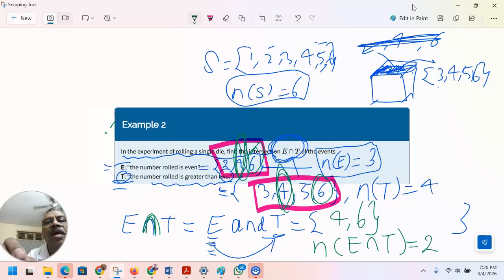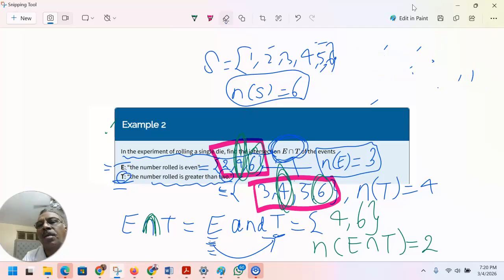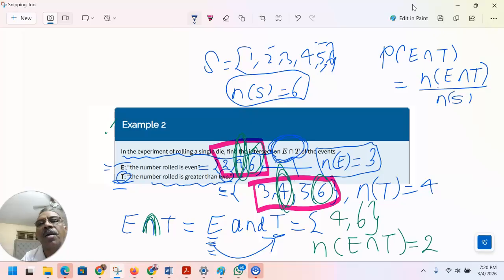Besides this, we can also find the probability. So let's write down: we want to know the probability of E and T happening. The probability of E and T is the number of outcomes for E and T divided by all possible outcomes.